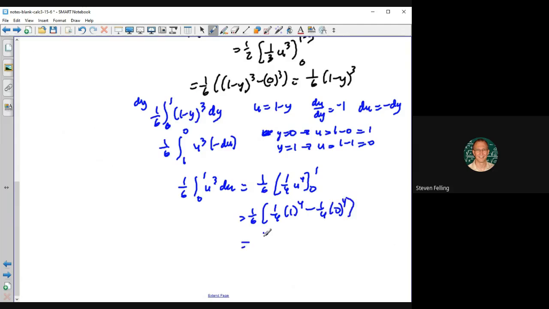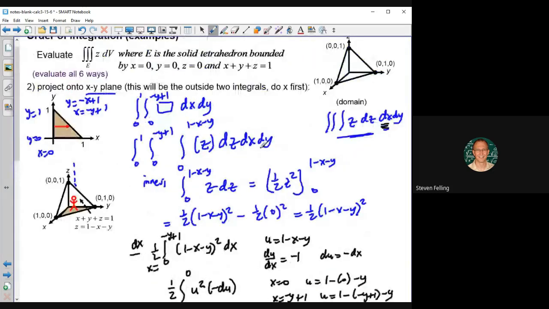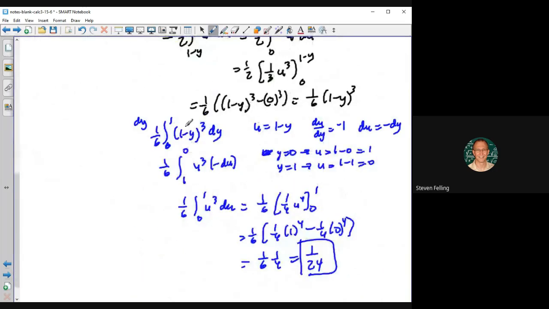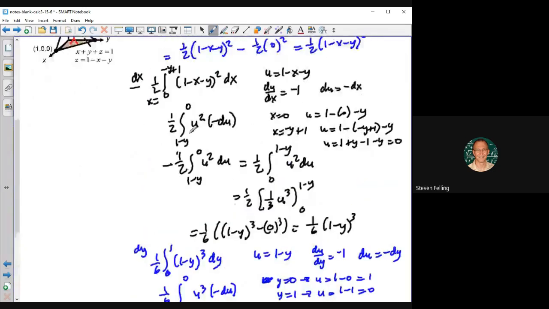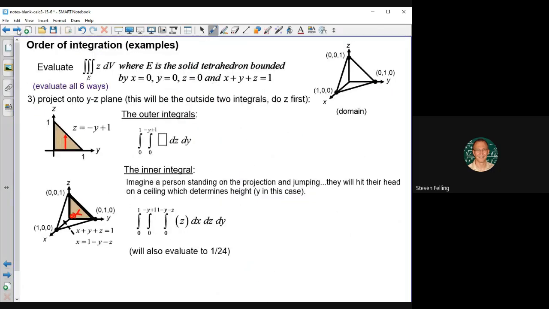So it's just 1/6 times 1/4, or 1/24, which is the same thing we got with the first ordering, right? Okay, so far no real big difference there. Just a slight variation in the details of the integration when we reversed the outer two, x and y. But there are 4 more orderings, so we're going to go through those as well.